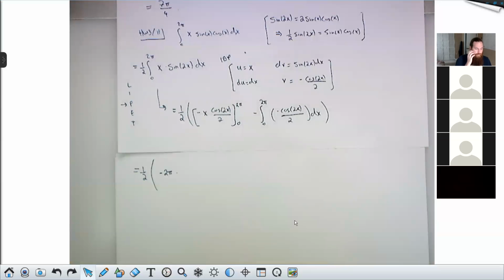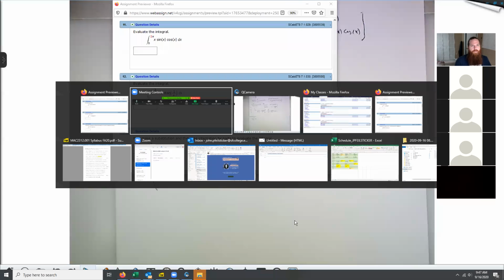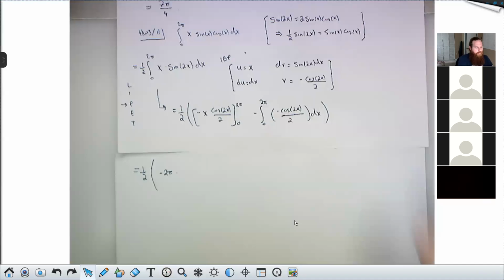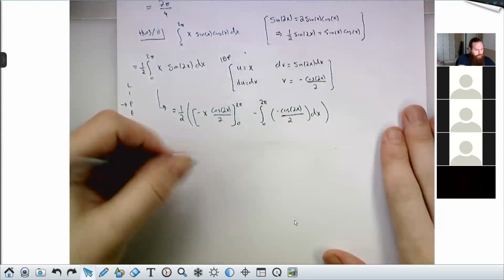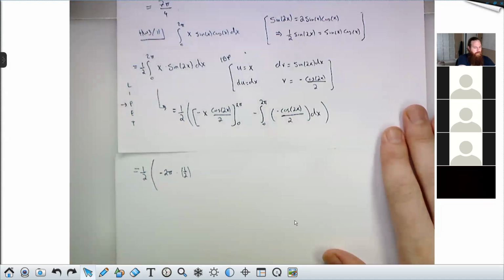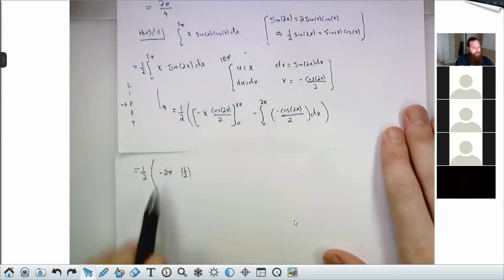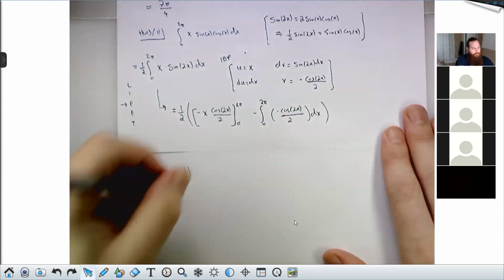Yeah, it's 1. Is this going from 0 to 2 pi or 0 to pi? Oh, I guess, yeah, it's random. I did a version of this with someone in office hours the other day, so it varies depending on the up or down. But yeah, the cosine of 2 pi is 1, so cos 2 pi over 2 is just 1/2. And like we said, when we plug in 0, this term makes everything here 0. So this is what we get from that evaluation.